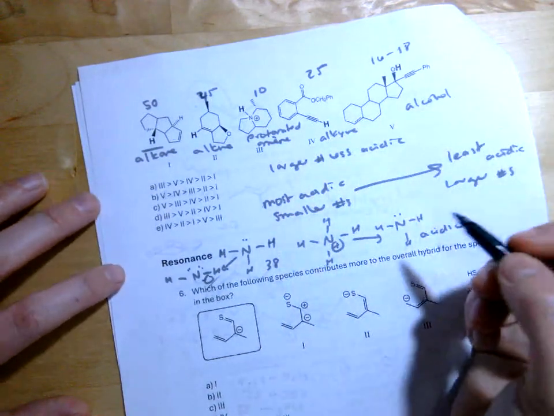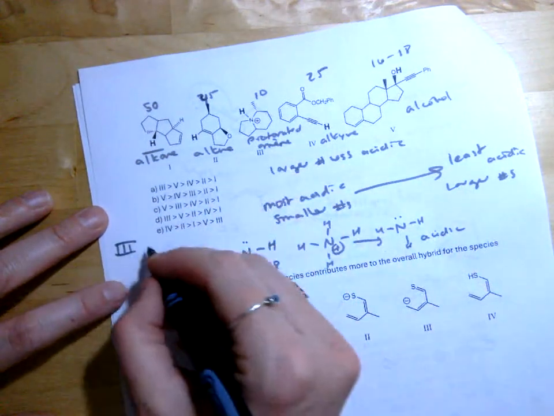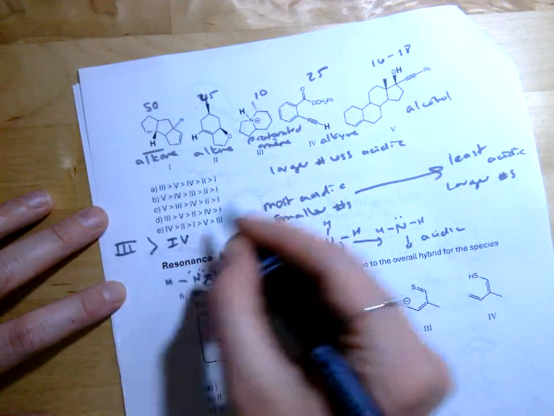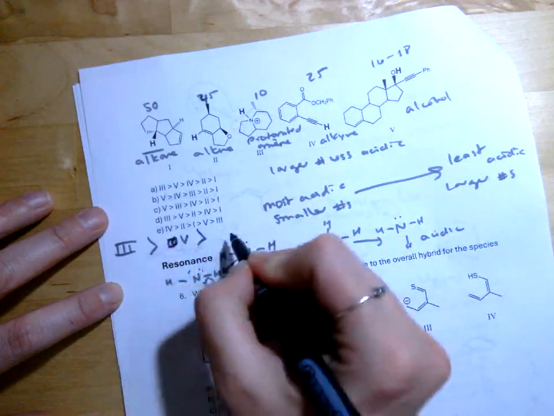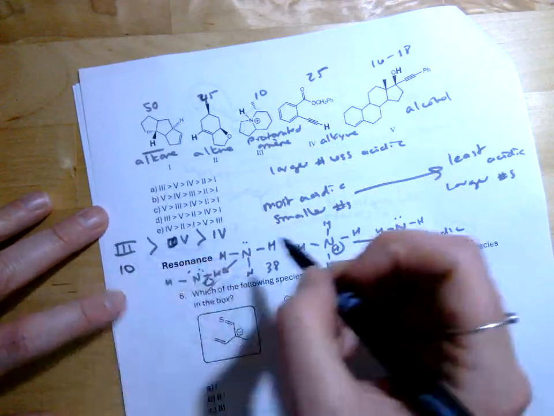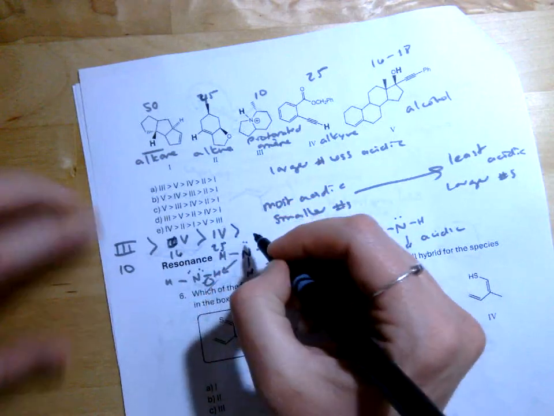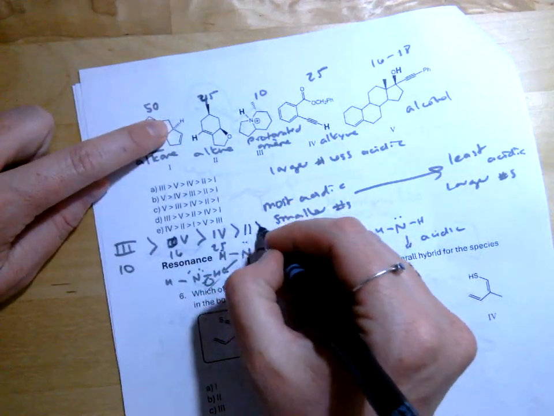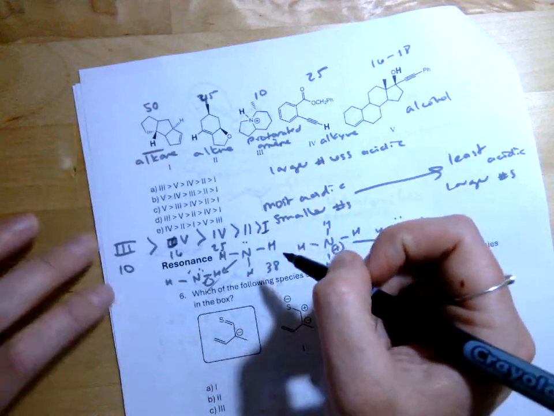So I would say that the protonated amine is first, then the alcohol, then the alkyne at 25. So we've got this one's a pKa of 10, this one's a pKa of 16, this one's 25, and then 45 for the alkene, and then 50 for the alkane.